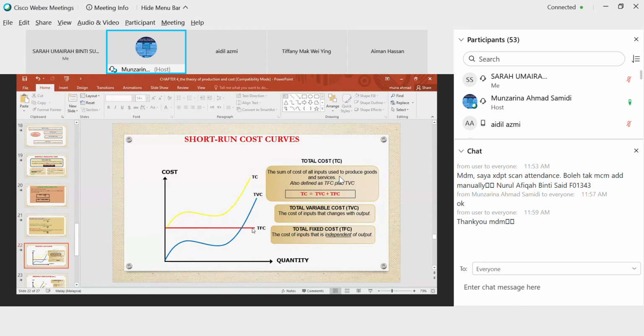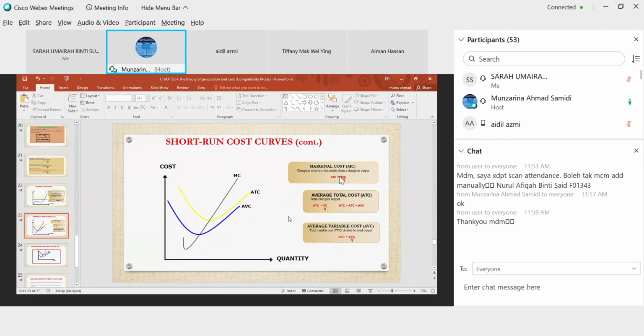The average of course changes, but the total is the same. The total cost is total variable cost plus total fixed cost. The variable cost changes with output, while total fixed cost does not change with output.